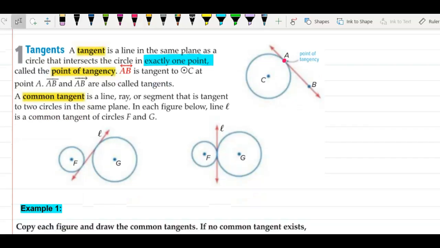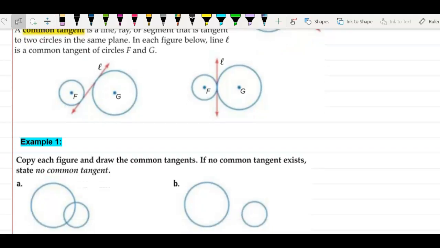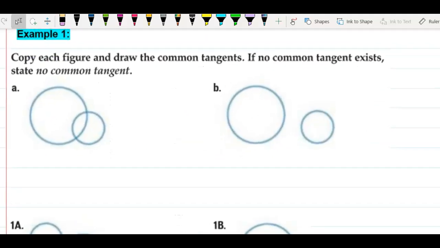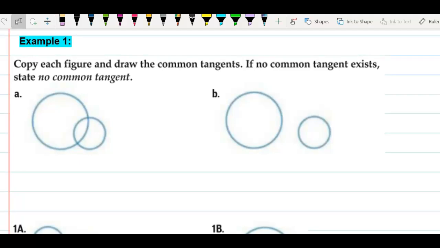Some circles, depending on how the diagram is drawn, will have common tangent lines. In this first example, we want to look for a line we could construct that would just barely touch both of these circles one time.